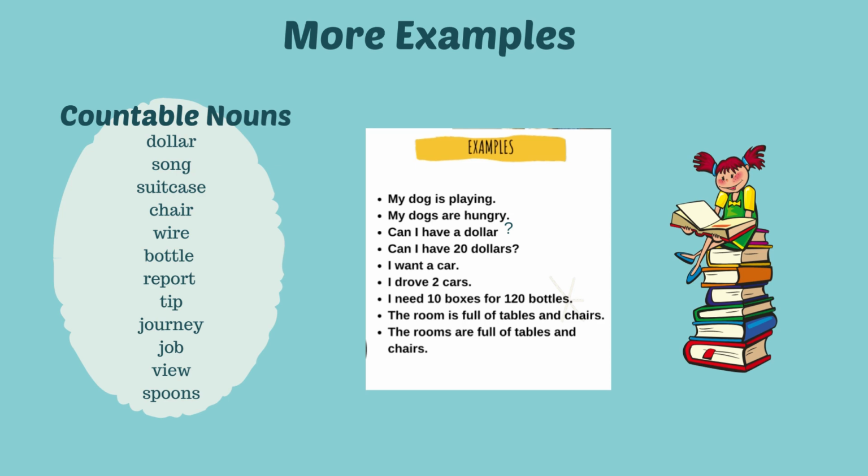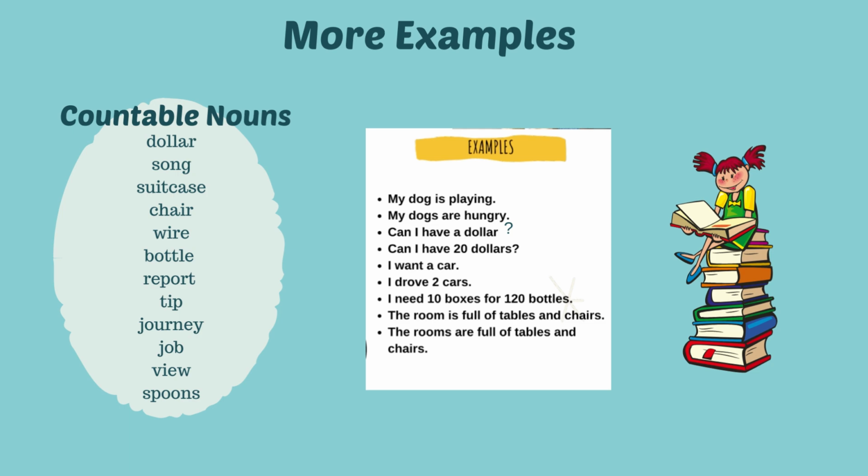More examples. Countable nouns. Dollar. I have $10. Songs. She played 5 songs this afternoon. Suitcase. She has 2 suitcases. Chair. He has 7 chairs in his living room. Wire.